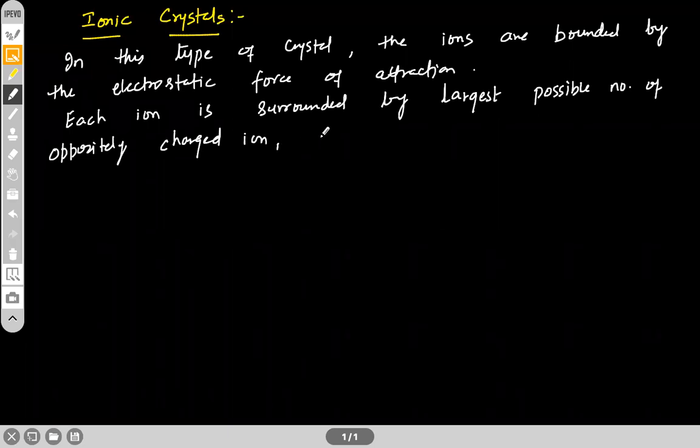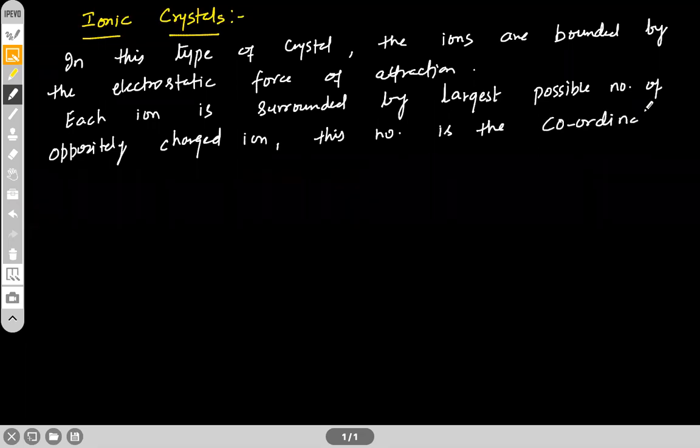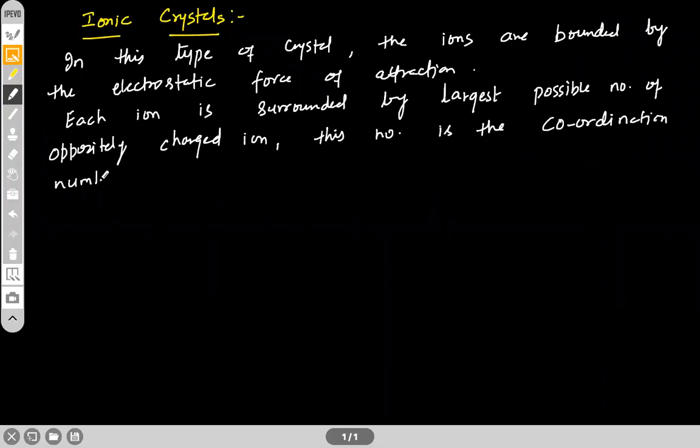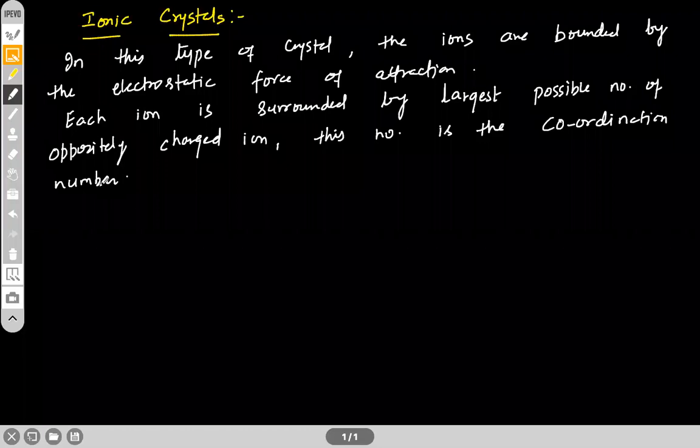And this number is known as the coordination number. Okay.